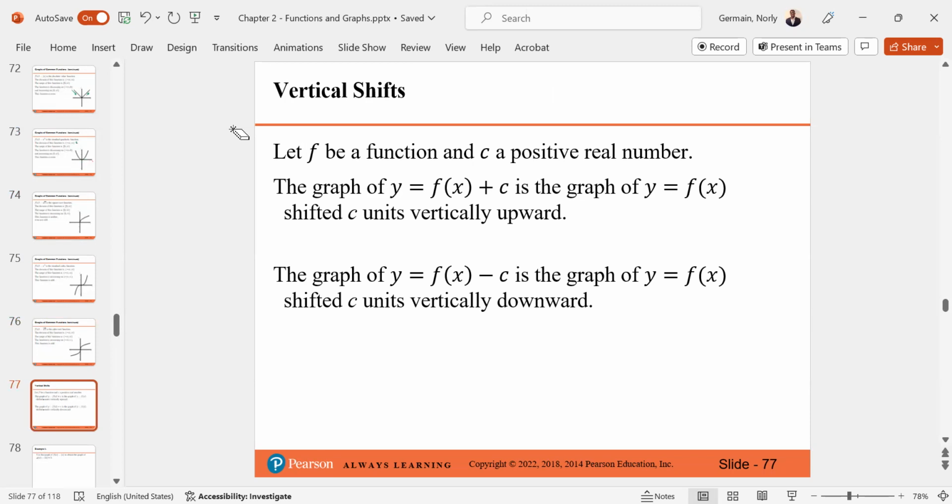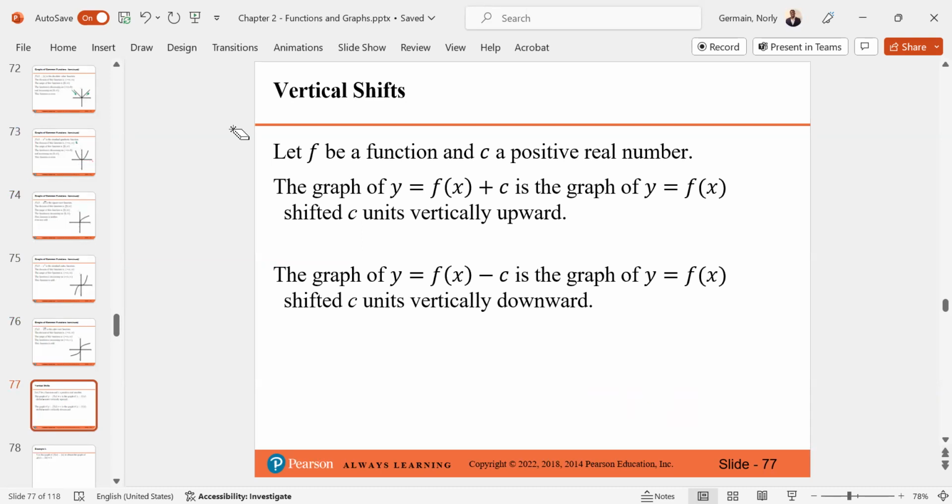The next thing we're going to talk about is vertical shifts. We're going to start by looking at some graphs, because vertical shifts are very important. If you let f be a function and c a positive real number, the graph of y equals f of x plus c is the graph of y equals f of x shifted c units vertically.